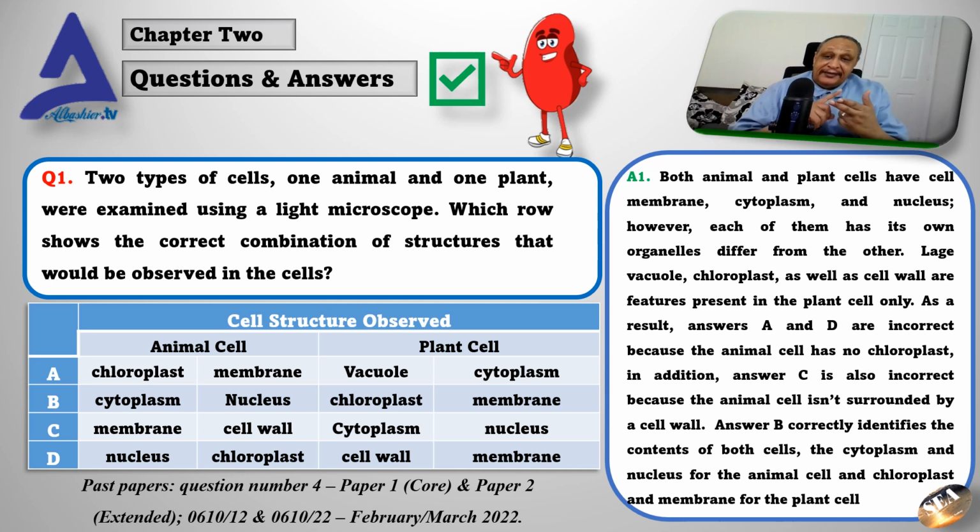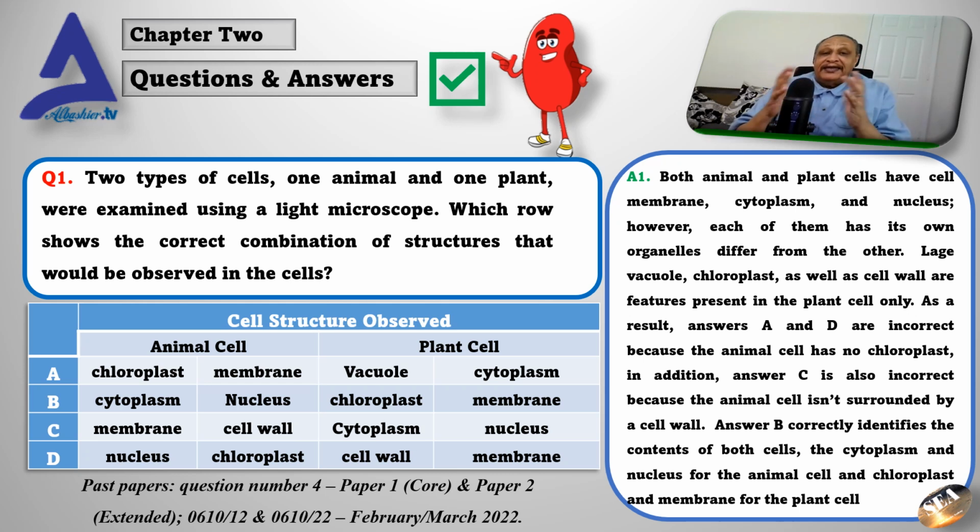The second is that they are examined using a light microscope. That means anything that is present only in an electron microscope, you are not going to see here. Third, he is looking for a combination of structures that would be observed in both of them. So these are the 3 given pieces of information. The demand is the correct combination of the structures.